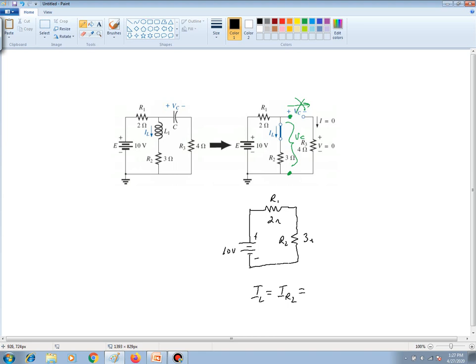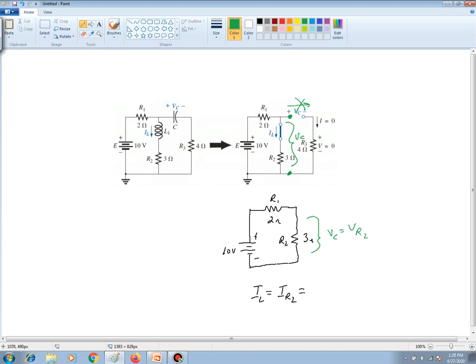So we'll solve for that. Then also, the voltage across the capacitor is really the voltage across R2 as well. So that can be stated as V sub C is equal to the voltage across R2.